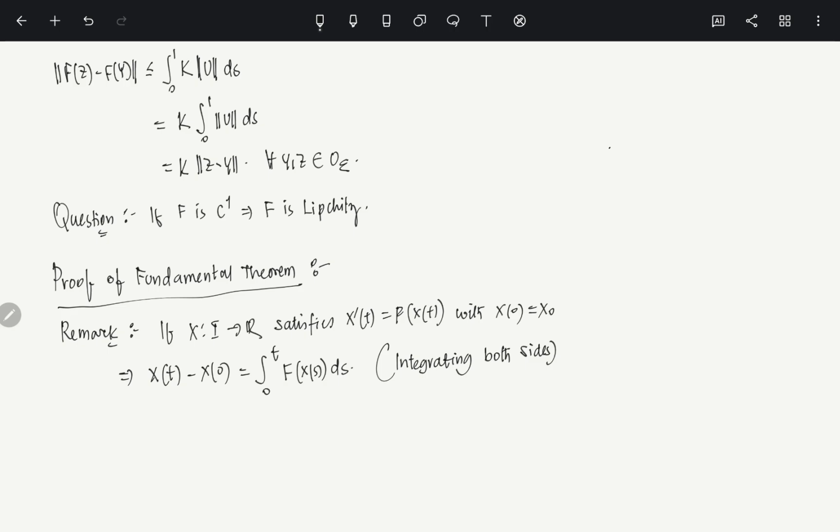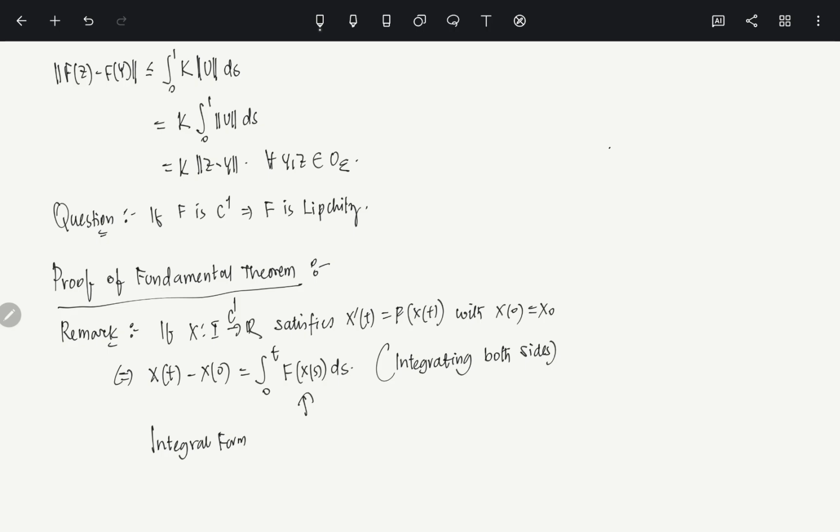Clear? Okay, so this form is called the integral form, and you can see that it is actually both ways. So if you have a C1 function x satisfying the equation, then it will satisfy the integral form.